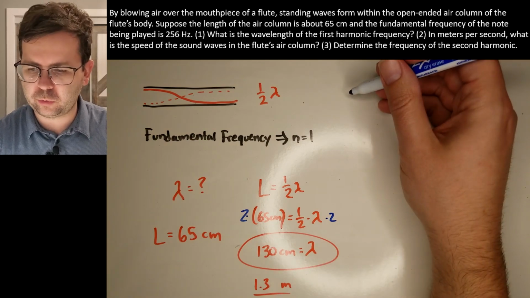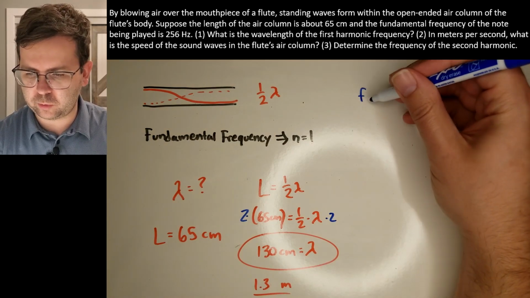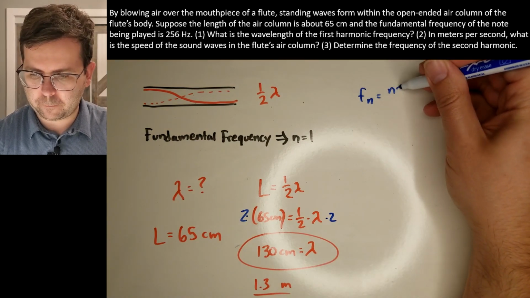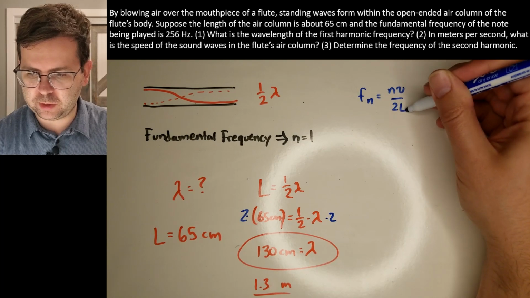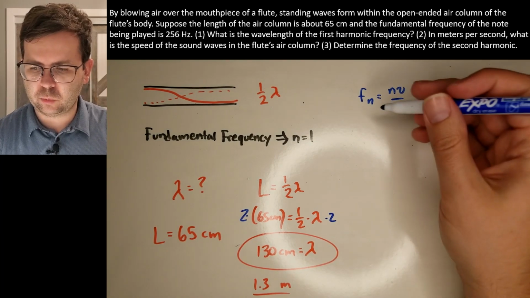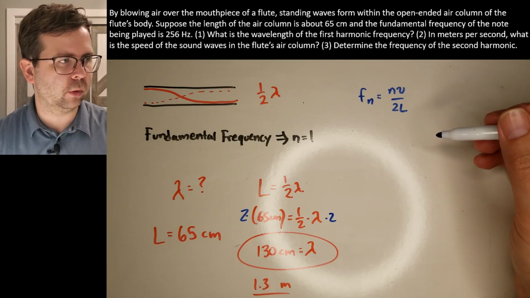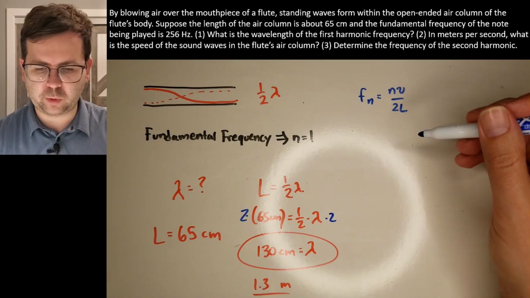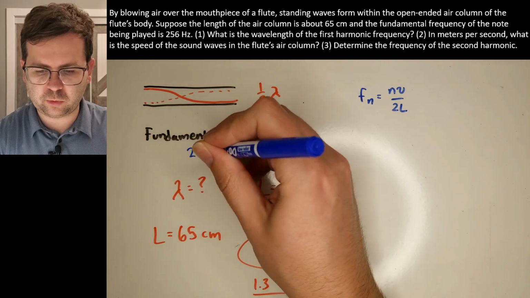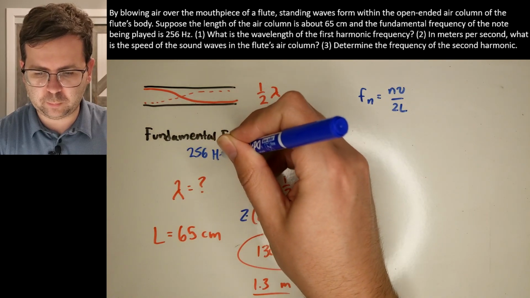And so we're going to use that longer equation now involving the frequency, this one, because it has speed in it. And we're going to put in the things that we know about this particular wave. So we know that the fundamental frequency, it said, was 256 hertz, if we look back at the problem there.